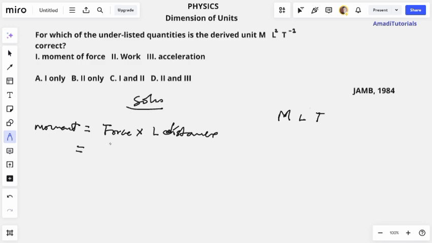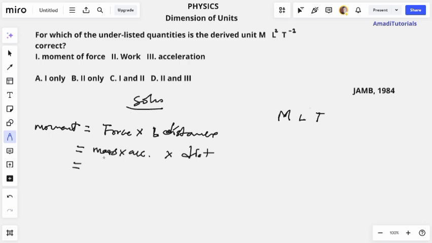And then force on its own, if you split it further, the mathematical definition is mass times acceleration, then times this distance. This sign here represents perpendicular. Don't mind me, it represents perpendicular. Okay, so times what? Distance.